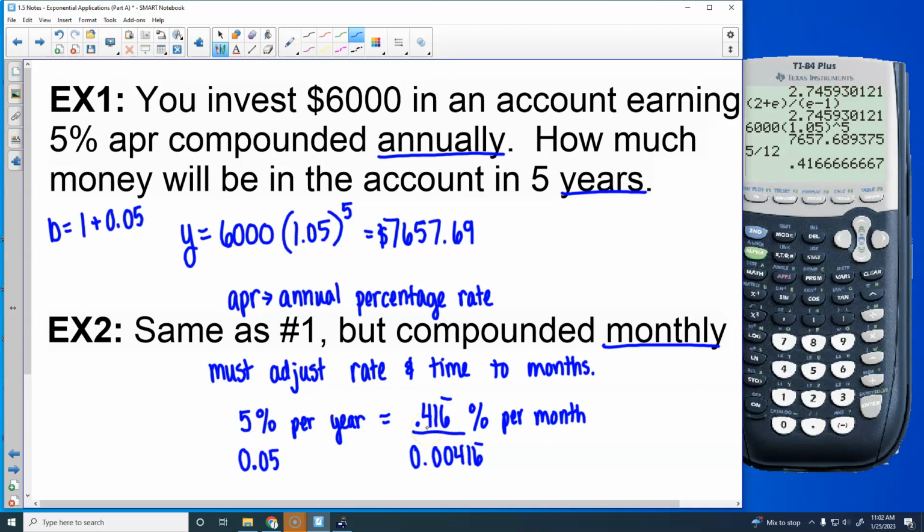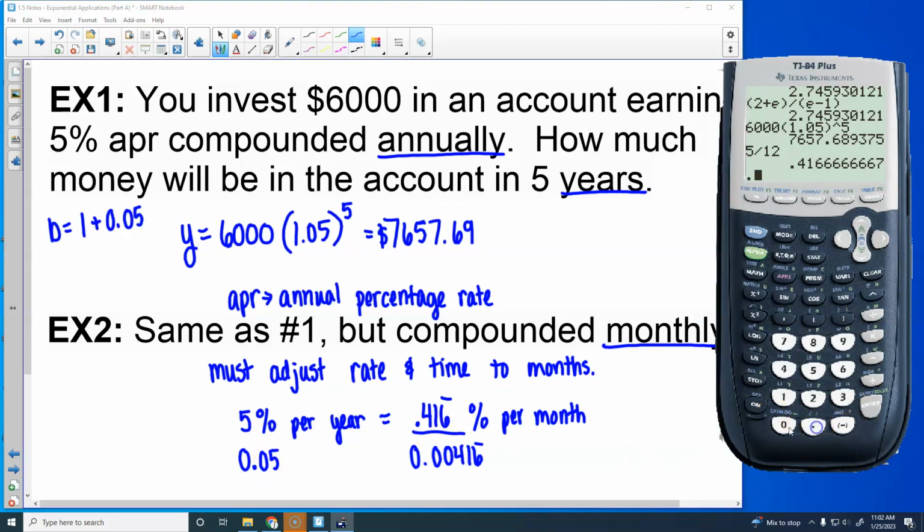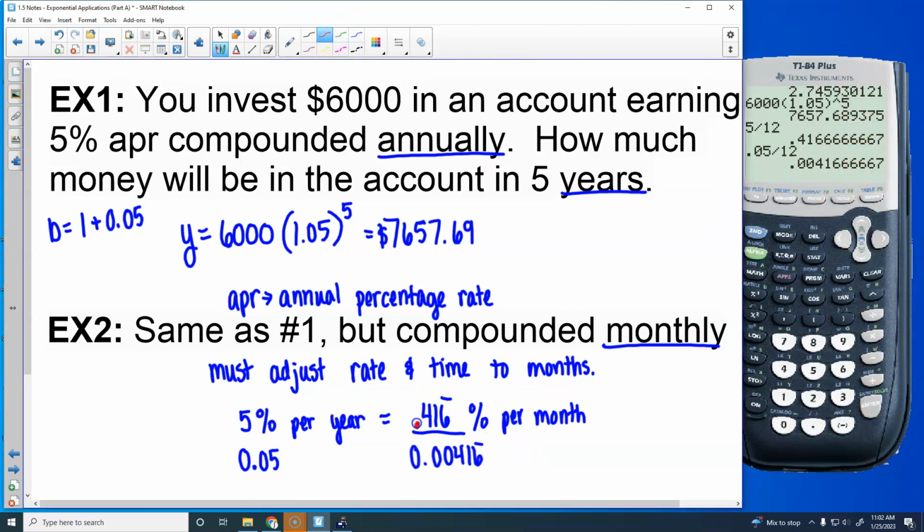What you may want to do is go ahead and use your decimal. So instead of doing it like I've done here, do 0.05 and divide it by 12. And that way you have a decimal right here. Or, to change a percent to a decimal, you're just moving that decimal place 2 places and filling in with zeros.